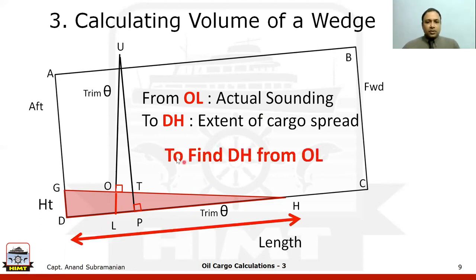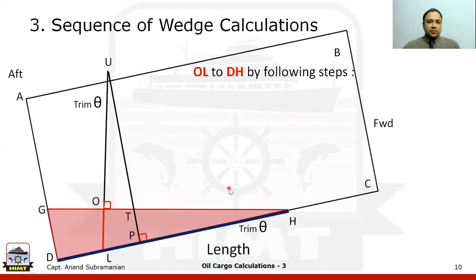So the whole story of finding DH from OL is our wedge calculation. This is the sequence of the wedge calculations, our story from OL to DH. We are going to go step by step into the whole process. What you see on this slide is an overview of the whole process, which we are going to break up into smaller sequences as we go further down the slides.